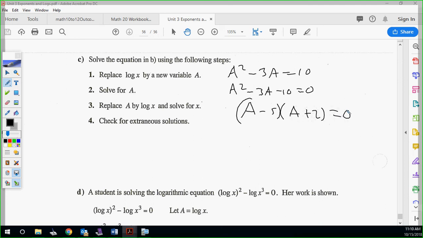And so we get negative 2 and 5 as our answers for a. That means log x equals negative 2 and 5. That's what a equals, right?